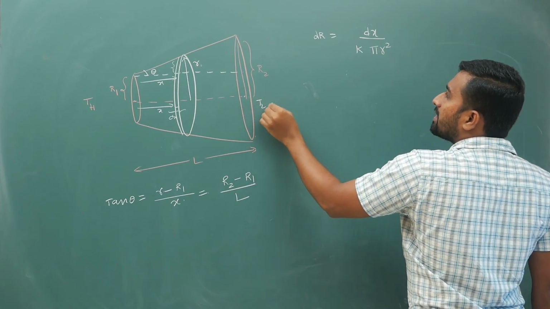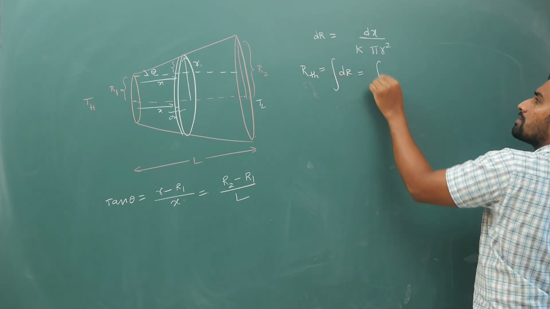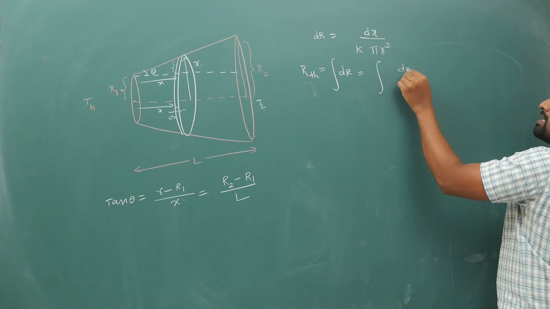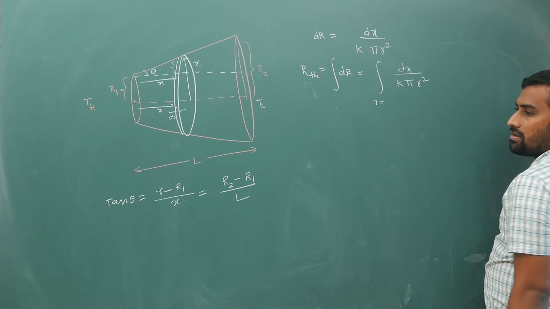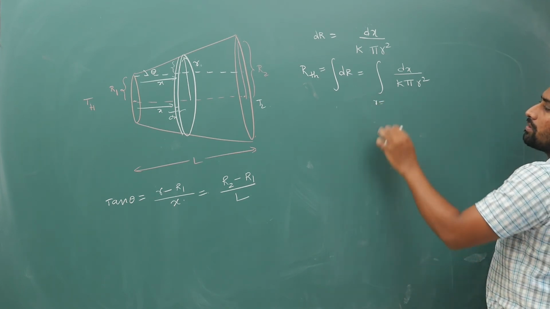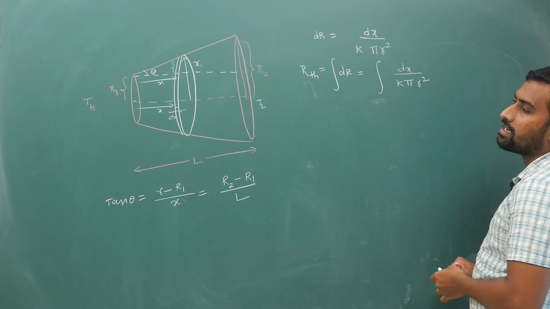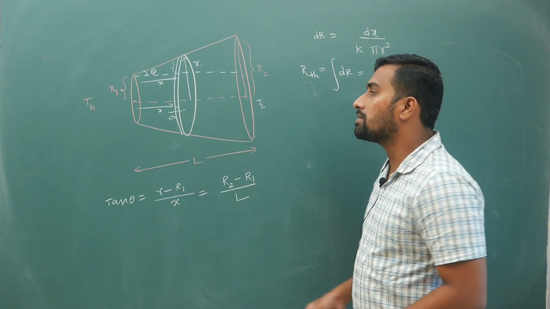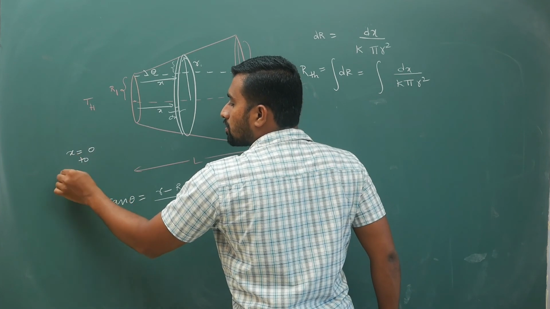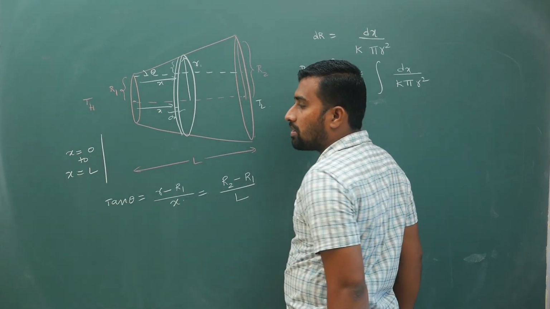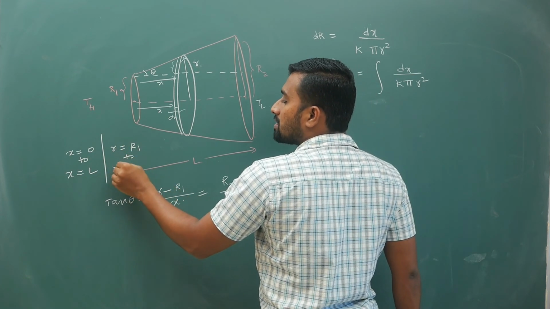So for you to integrate it, your total thermal resistance is integral of dR, that is equal to integral of dx by k times pi into small r square, where if you are expressing in terms of r, you have to keep limits a and b, and if you are expressing in terms of x, you have to keep your limits from x equal to 0 to x equal to L. So limits x equal to 0 to x equal to L will cover the entire body, or from small r equal to R1 to small r equal to R2.